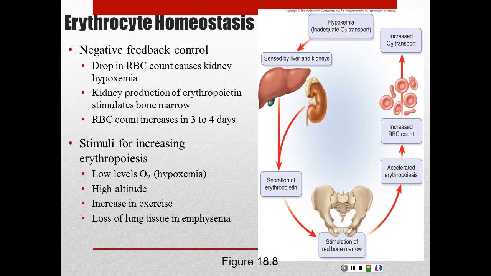The kidneys detect the hypoxia and increase the EPO to be released. Then the red blood cell count rises 3 or 4 days later.